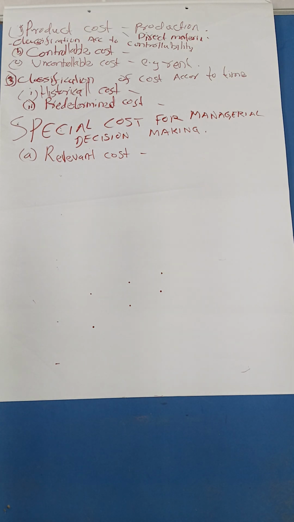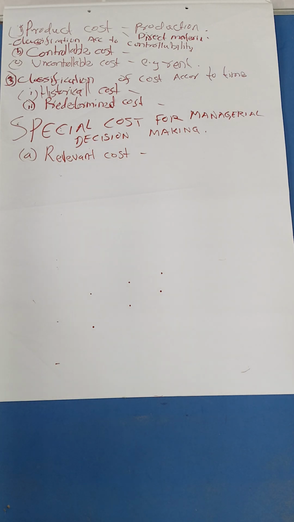Maybe the management had agreed to pay this to the workers, but at one point they convene a meeting and say no, we are going to revisit or review the payment. That will come under relevant cost.